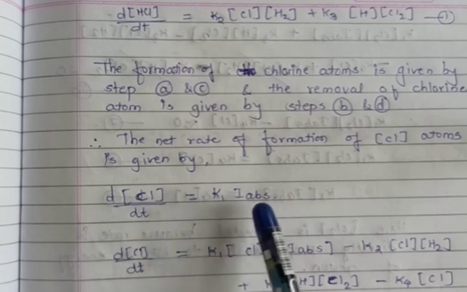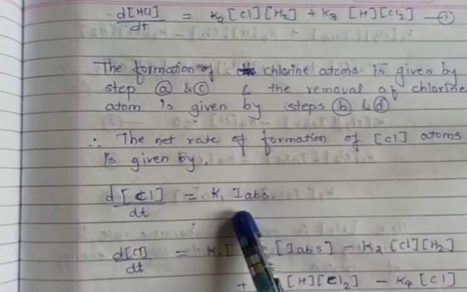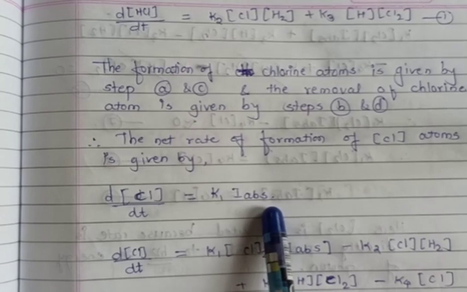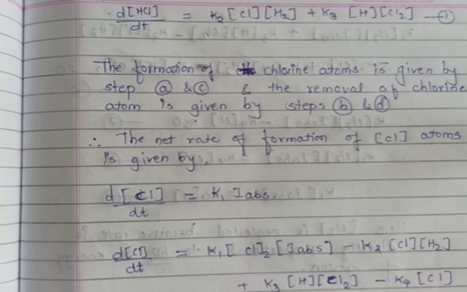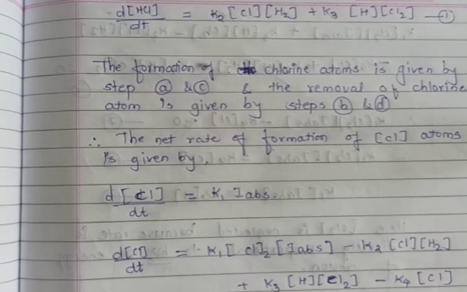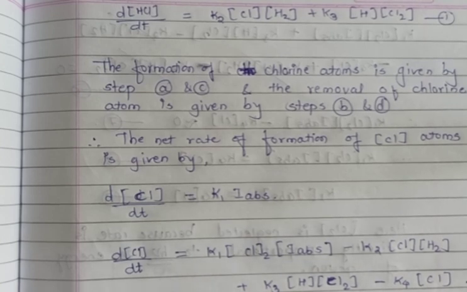See why this is written d[Cl]/dt is equal to K1 into I absorbed. I absorbed represents the intensity of light which is absorbed by the species. Initially in the first reaction we have seen Cl2 gives twice Cl.